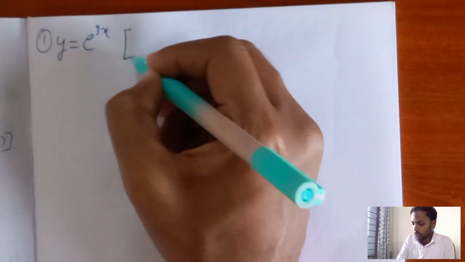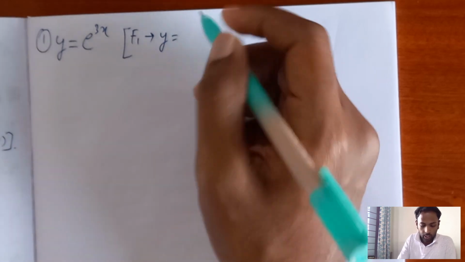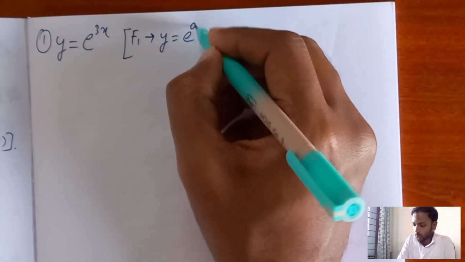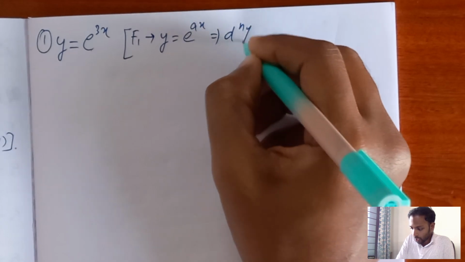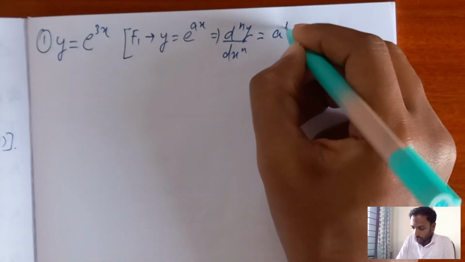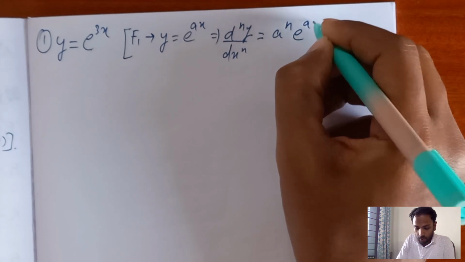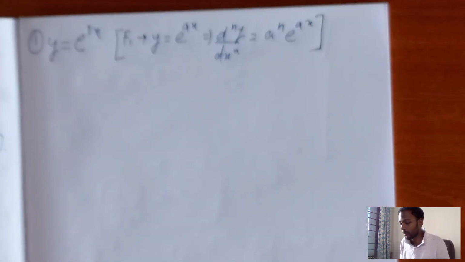The formula is f1, the first formula. It says that if y is equal to e power ax, that implies that the nth derivative is a power n into e power ax. So let's solve it using this formula.